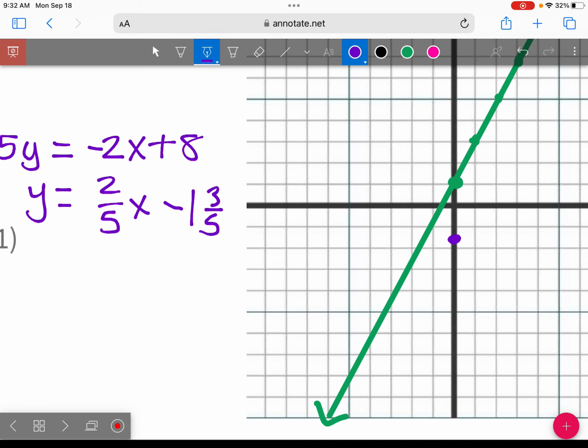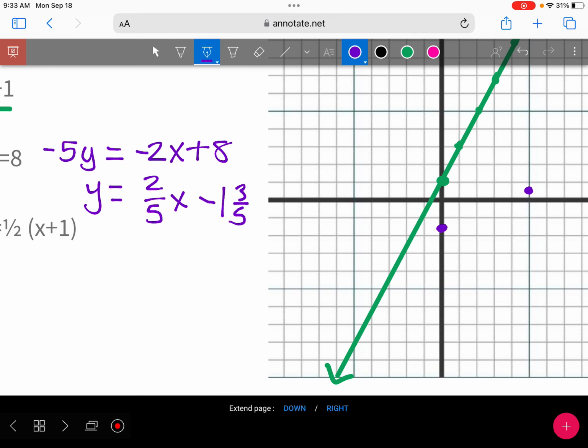Negative 1 3/5 is gross, and here-ish. We can absolutely go up to and over 5: 1, 2, 3, 4, 5, and put it there-ish. That's fine. We're getting it close. These are not going to be perfect.